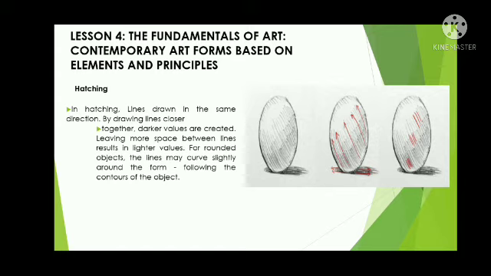So for rounded objects like this example, we have a spherical ball. The lines may curve slightly around the form because our object is round, in a curvature representation that follows the contours of our object.